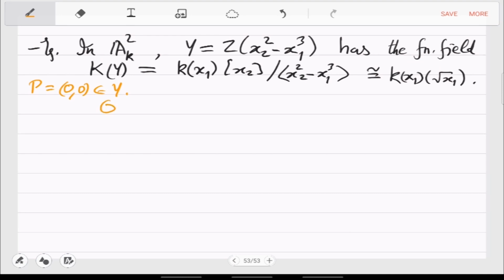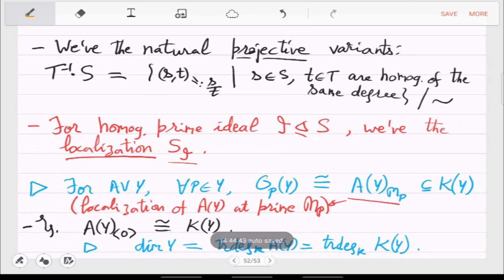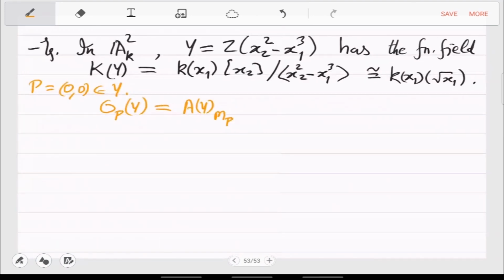So what is O_P,Y? Right, so O_P,Y is the coordinate ring localized at M_P. What is M_P now?